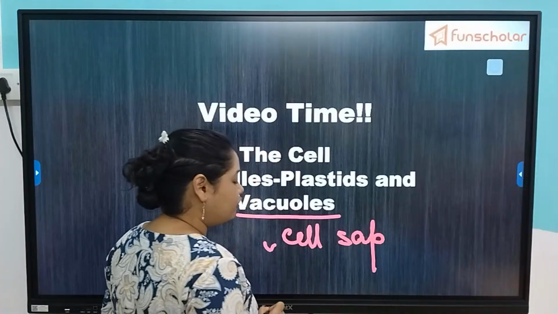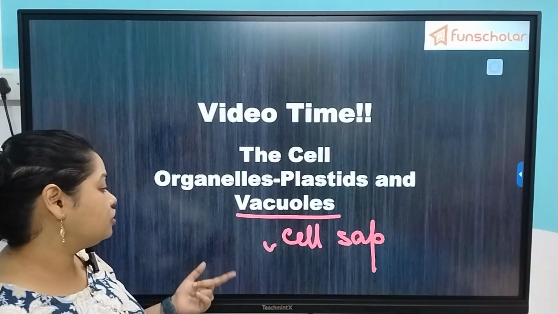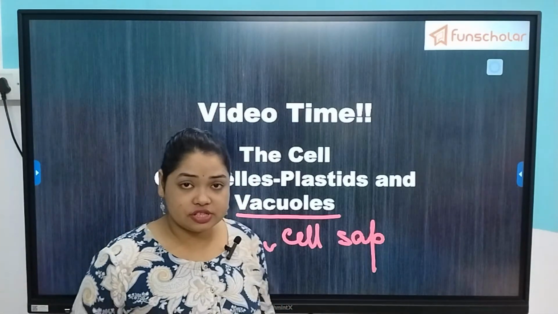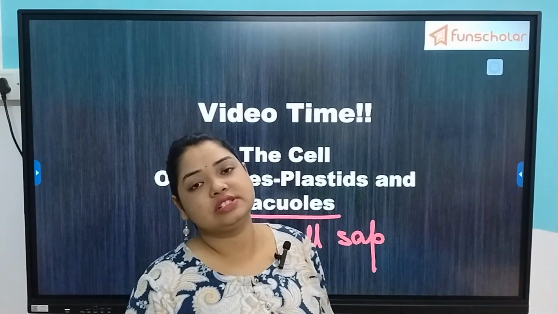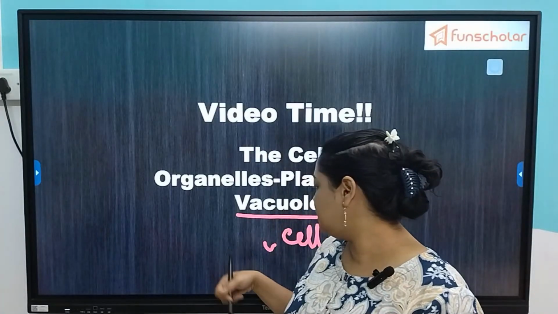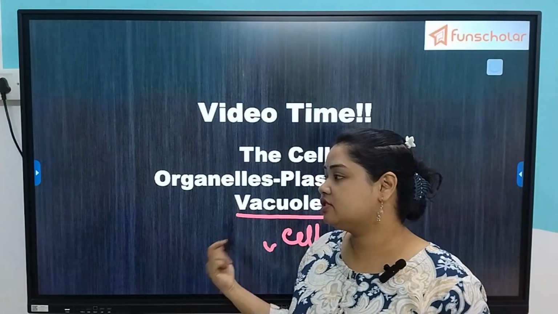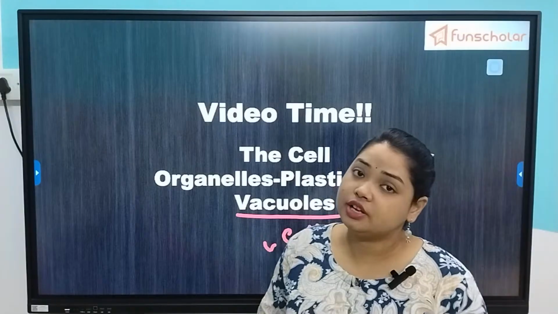So this is the fluid which also has similar functions to that of the lysosomes. That is why vacuoles are present in the plant cell and lysosomes are not so important there.